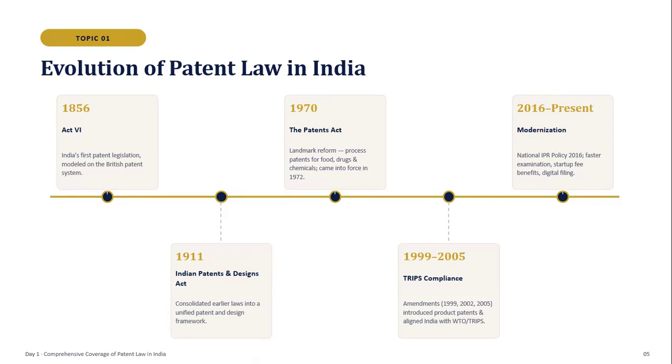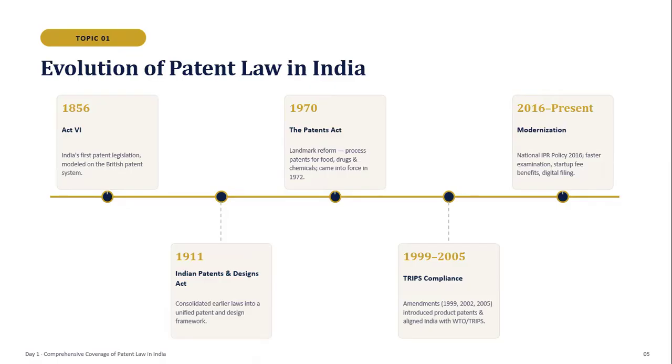Subsequently, India undertook amendments during 1999, 2002, and 2005 to comply with the TRIPS framework and to introduce product patents in relevant sectors.